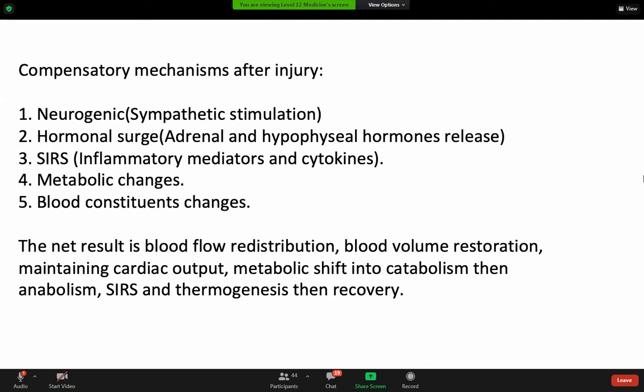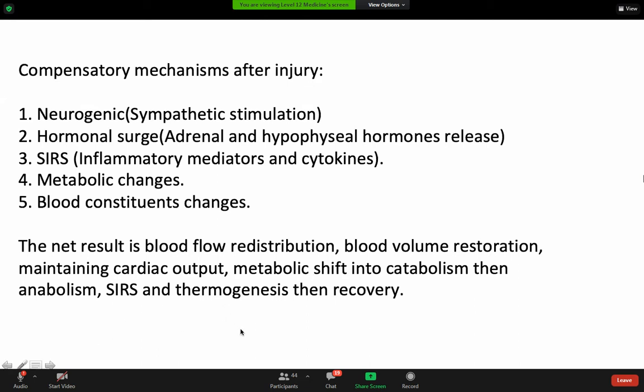Compensatory mechanisms after injury. What mechanisms can happen to compensate for what happened? Neurogenic sympathetic stimulation, hormonal adrenal and hypophyseal hormone release, SIRS inflammatory mediators and cytokines, metabolic changes, and blood constituents changes, which we will discuss shortly.